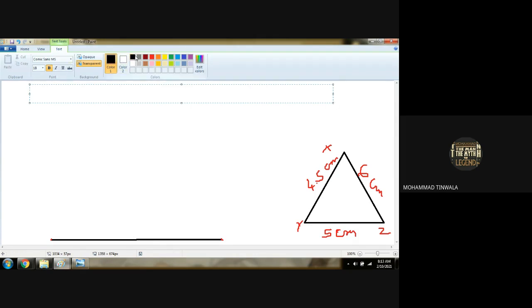X, Y, Z. Where XY is equal to how much? XY was given equal to 4.5 centimeter, right? Yes. And YZ is equal to 5 centimeter. And last we got is XZ or ZX.